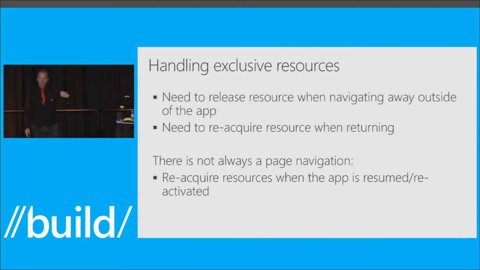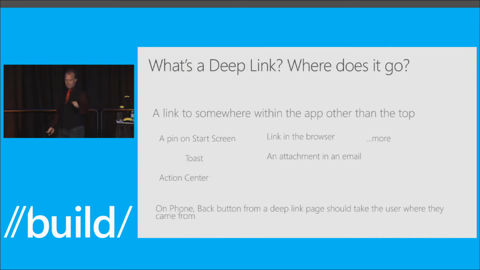So you need to release your exclusive resources on the deactivated event, and then reacquire them once you get an activated event again. So that's the main entry point to fast application resume and the main entry point to your application.